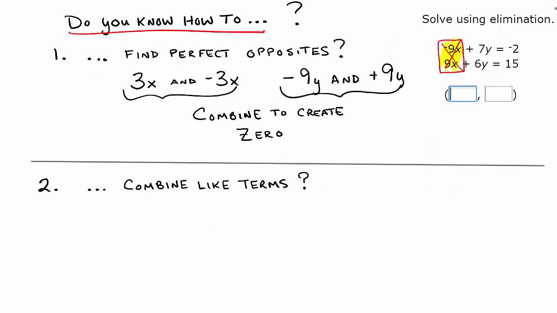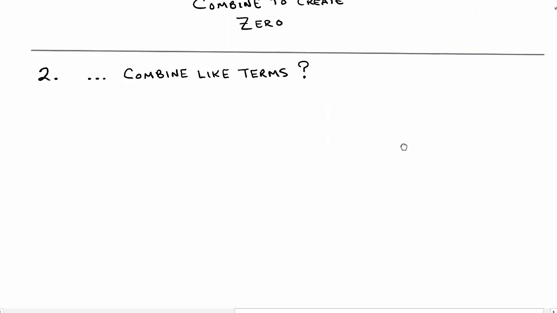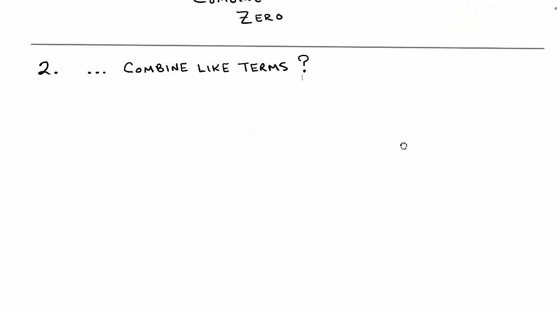Okay, so what's next? Do you know how to combine like terms? Let's take a look at some terms that we could combine and see if you're able to do it. If I was able to present negative 3x and 2x to you, would you be able to combine those together? And what we've really got to do is look and see that we've got 3 negative x's and 2 positive x's.